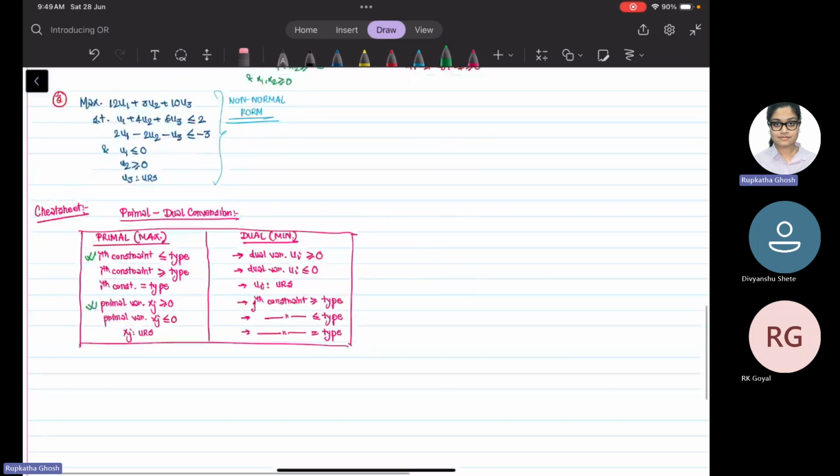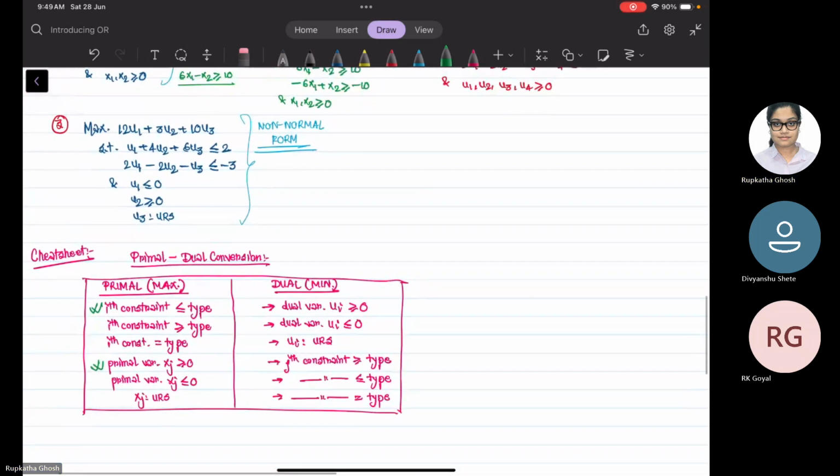So if I have to solve this now, observe closely. First thing first, I will simply write all the equations. I'll write my objective function first.